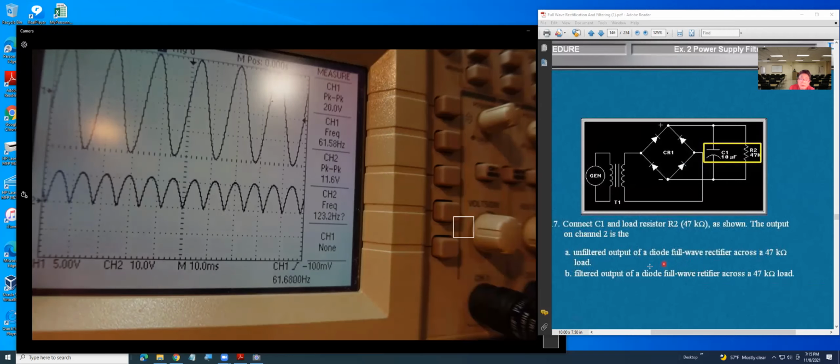And now connect C1 and load resistor R2. That's what I just said a little while ago. So I quickly connect the load resistance R2.